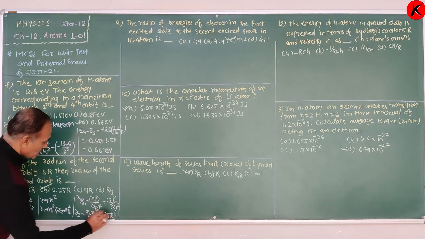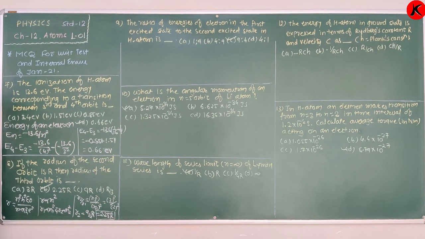So this MCQ question is frequently asked in board exams. Again, if the radius of the second orbit is r, then what is the radius of the third orbit of hydrogen atom? We know the equation of the radius of nth orbit: r is equal to n square h square epsilon 0 upon m pi z square.